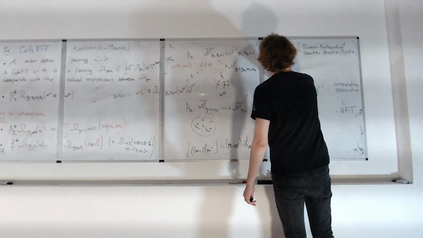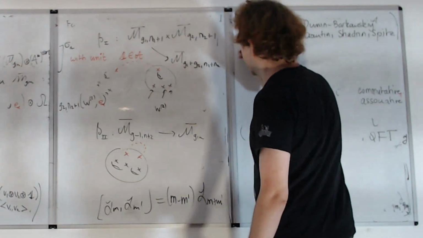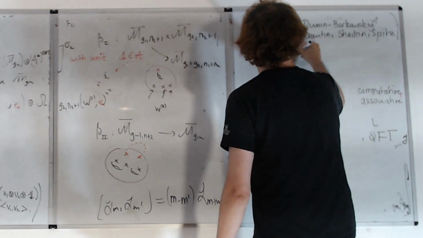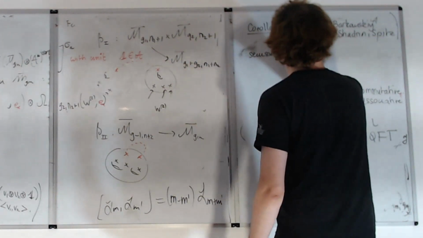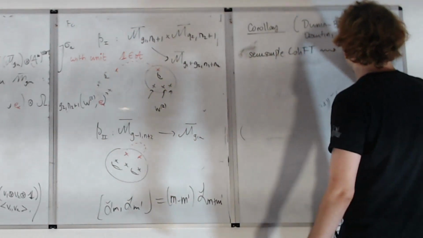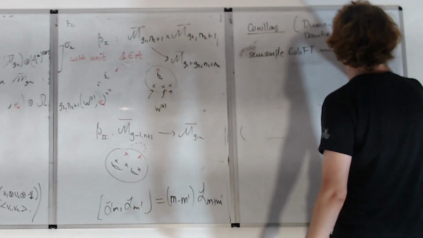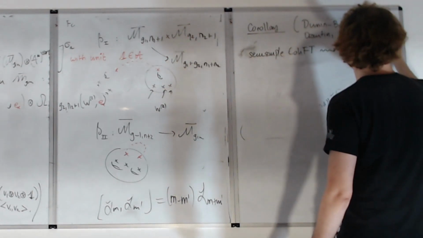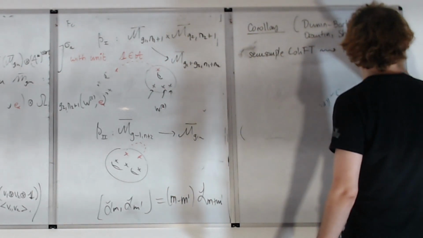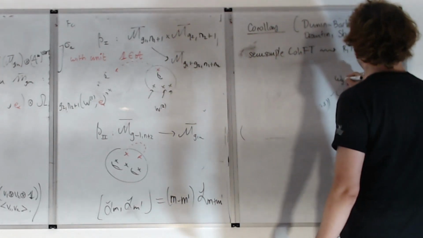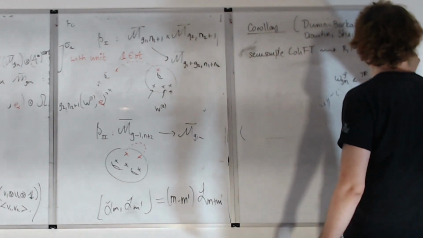So maybe I can put it like that, semi-simple CohFT. To a semi-simple CohFT, you have an R and T, and to that you can attach a spectral curve. So that by TR, you get a collection of omega g,n's.